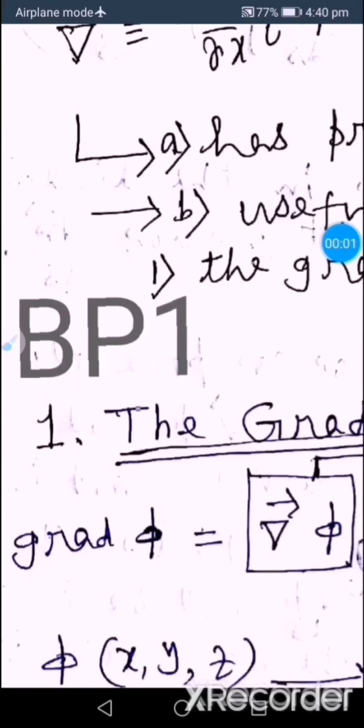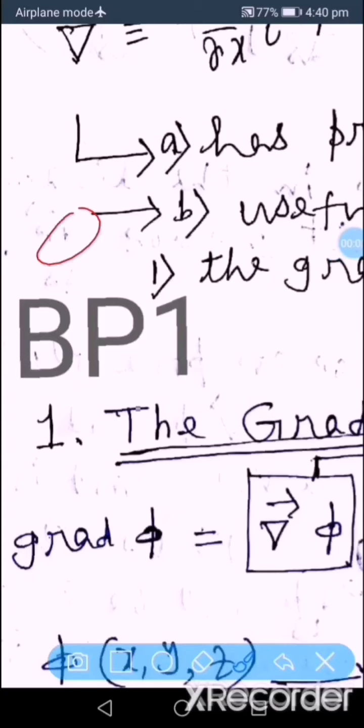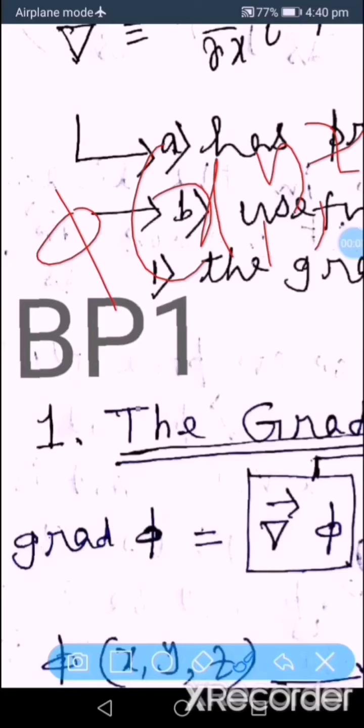The gradient. Let phi(x, y, z) be defined and differentiable at each point x, y, z in a certain region of space. That is, phi defines a differentiable scalar field.